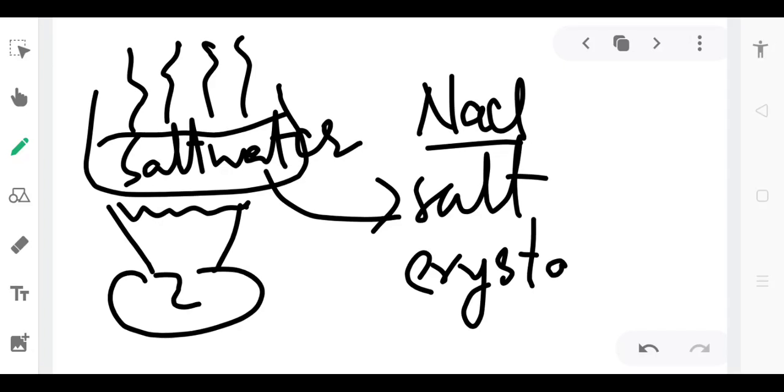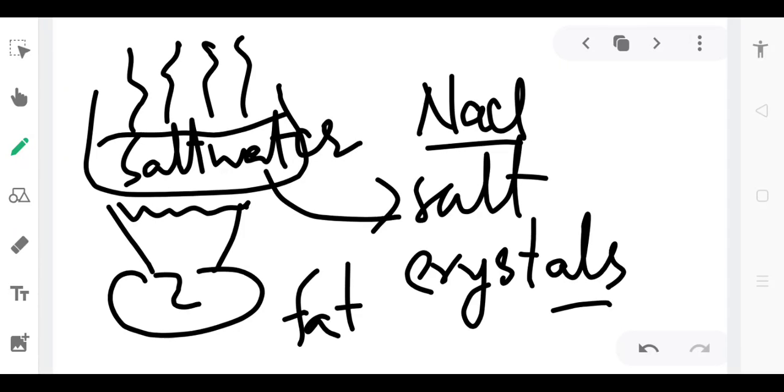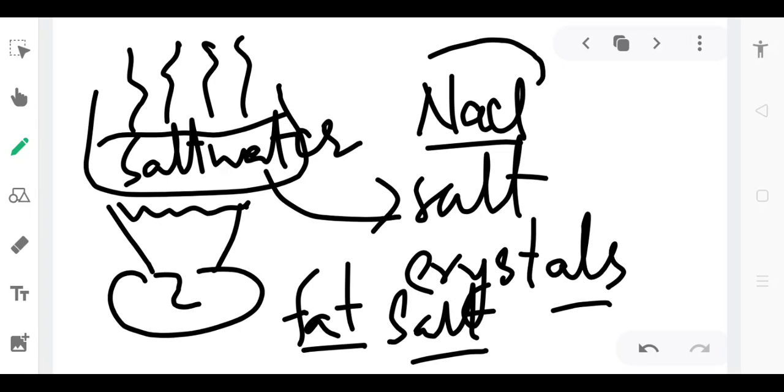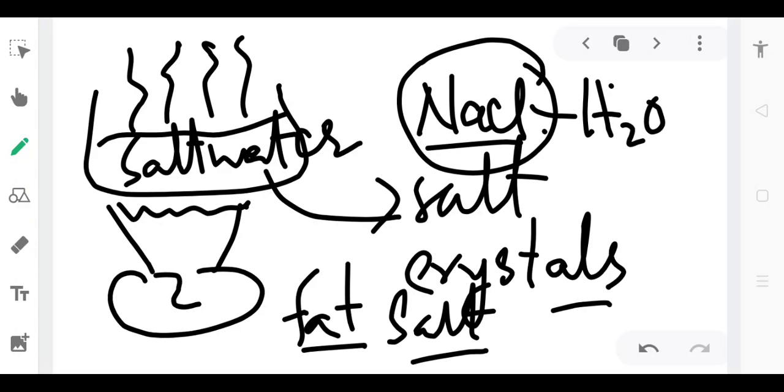To observe the crystalline form of salt, you had better observe fat salt. Fat salt is in the form of crystals. If you hold the fat salt or normal salt in your hand for some time, your hand becomes wet. It means salt is in the form of crystals, and in each crystal, sodium chloride molecules are associated with water molecules.